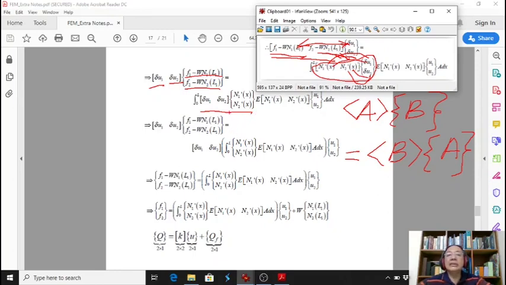Okay, so after the change of position takes place, we found here, and this does not change. So this term is maintained, and this is A dx.